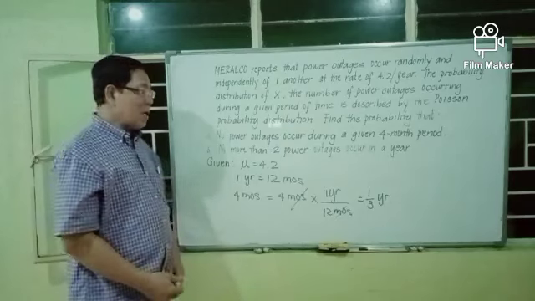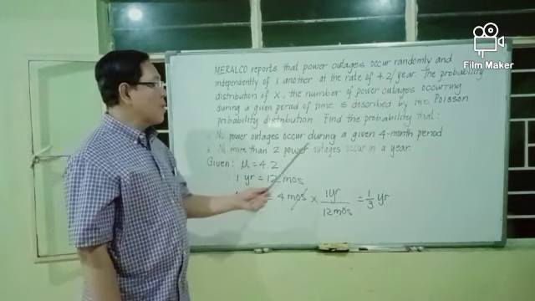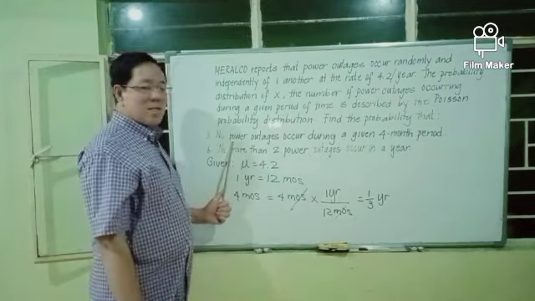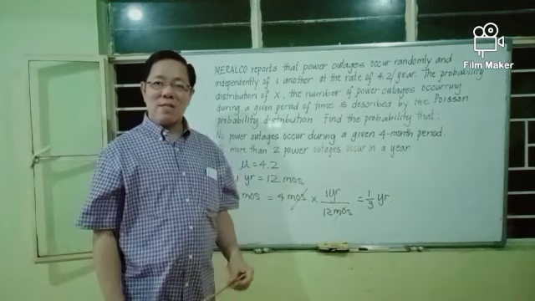And in letter A, we want to find the probability that no power outages occur in a 4-month period or 1/3 year period. And if there is no power outages in this given period, then the value of x is 0.